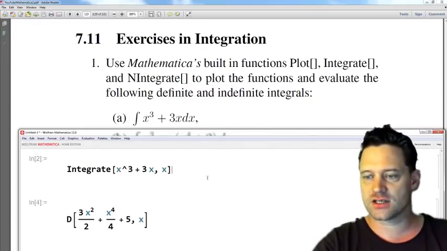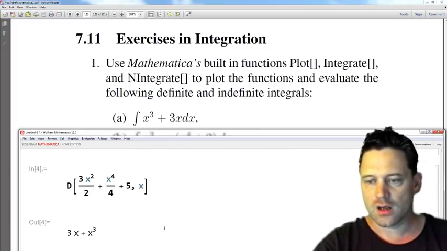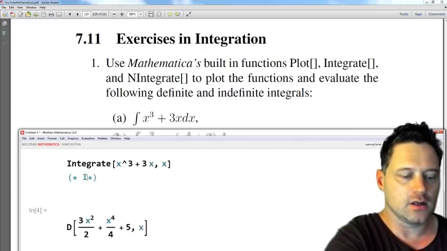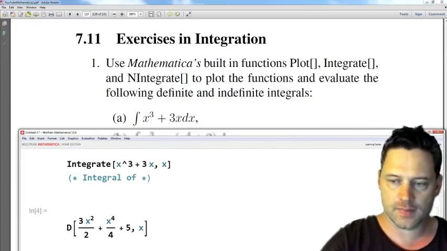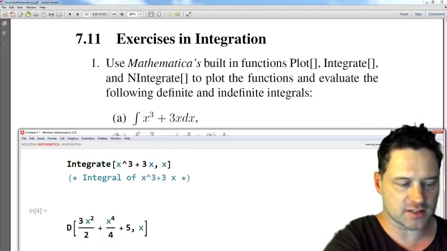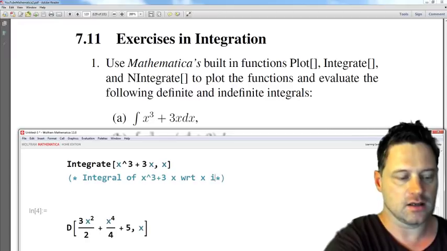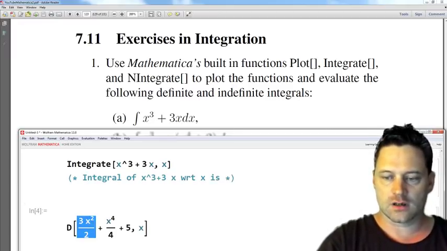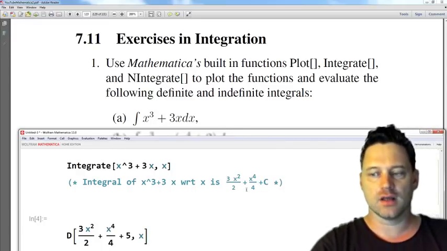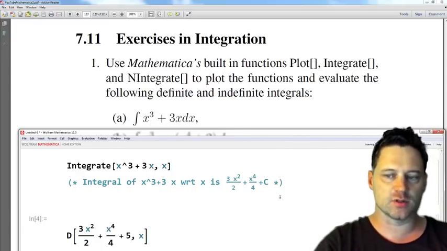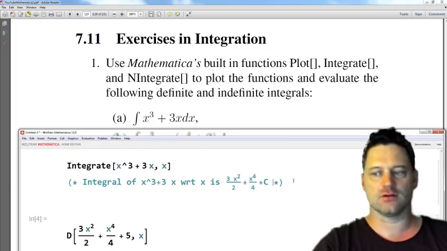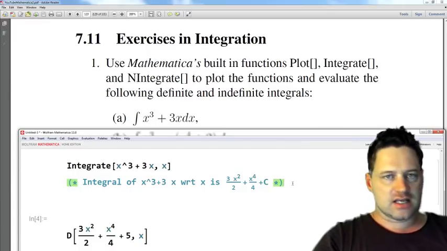Let's note that in comment form: the integral of this with respect to x, WRT x, is this plus c. You need to be as general as possible when you don't have a definite integral. This is known as an indefinite integral, where c is any constant.